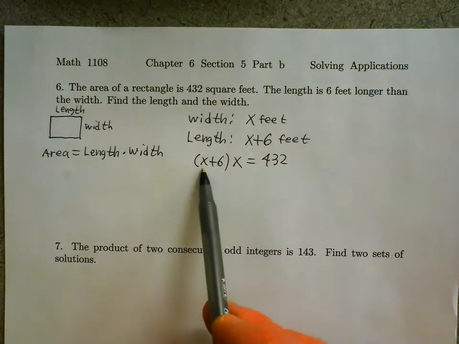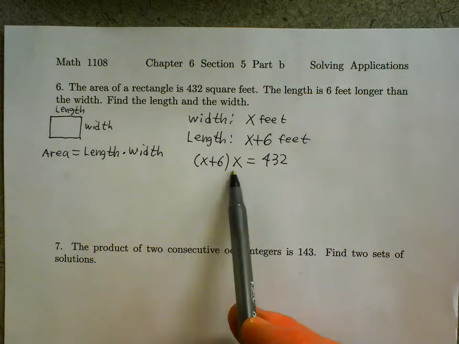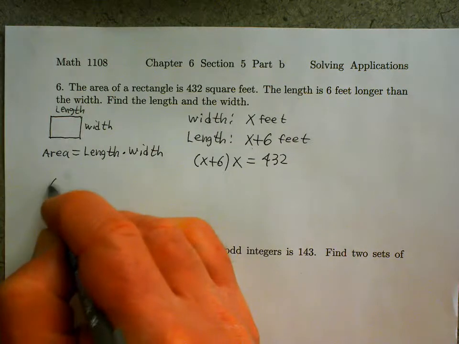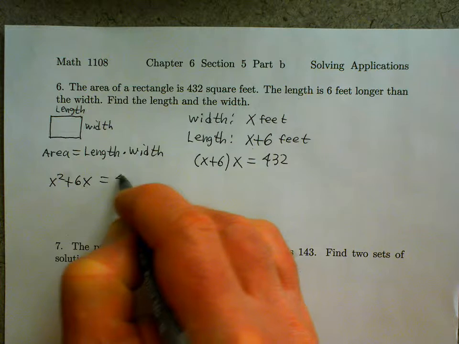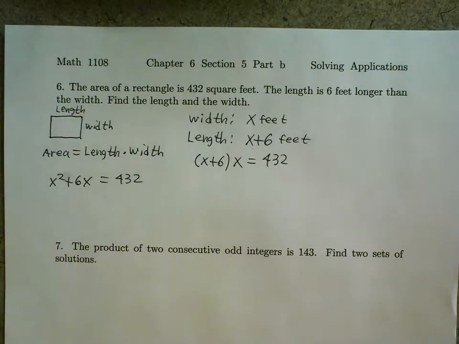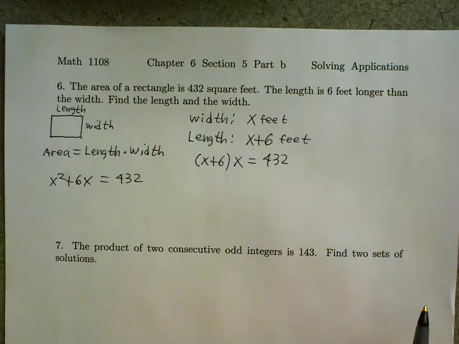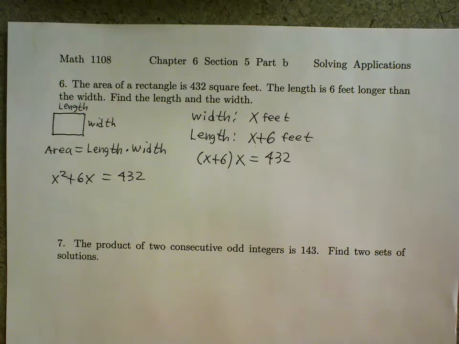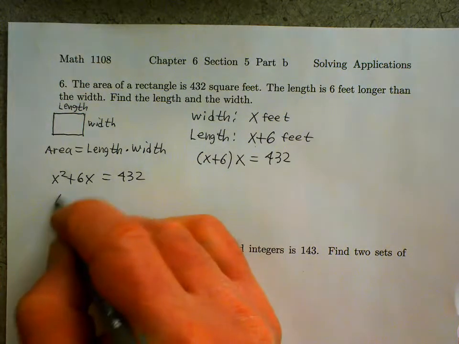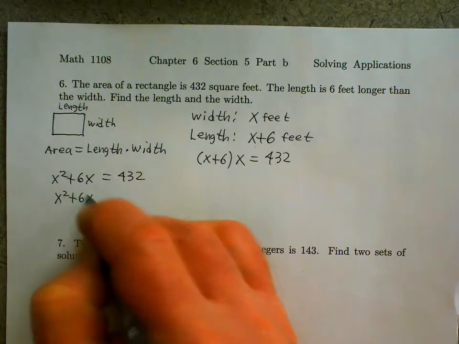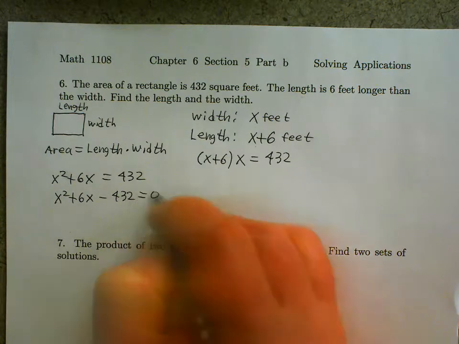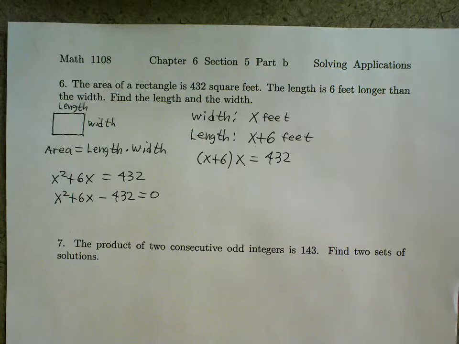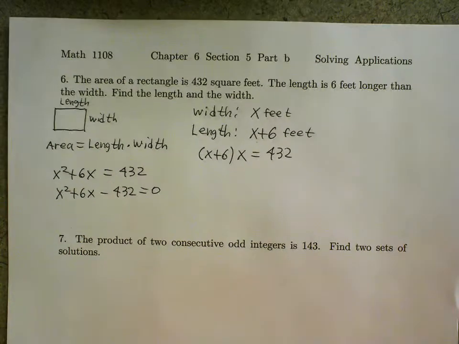We'll multiply the binomial x plus 6 times x, and we get x squared plus 6x equals 432. Subtract 432 from both sides, x squared plus 6x minus 432 equals 0. And then we solve by factoring.